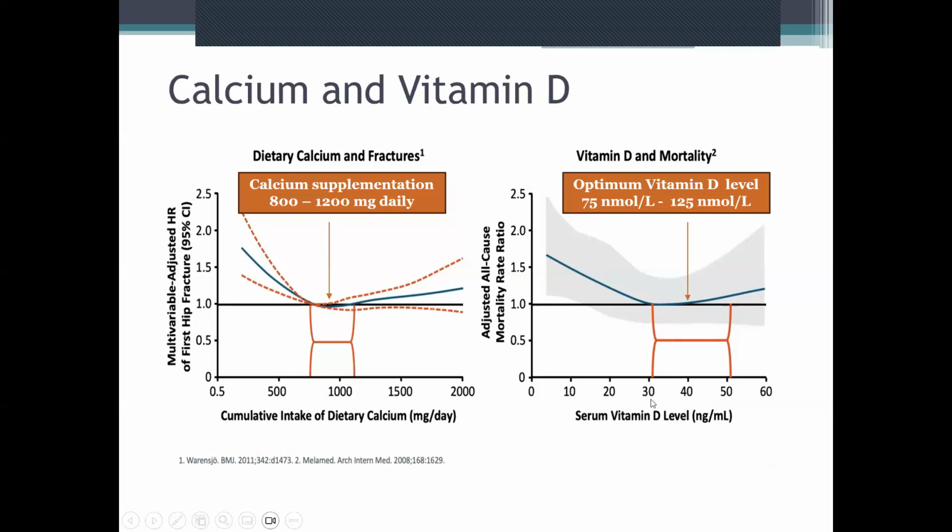I always advise my patients, for physiological PTH suppression and for optimum bone health, to aim for vitamin D levels of at least 75 nanomoles per liter and above. Deficiency is under 50, and sufficiency is more than 50 nanomoles per liter. But in relation to mortality and longevity, these would be the ideal levels to aim for.